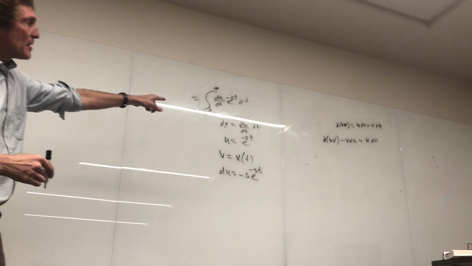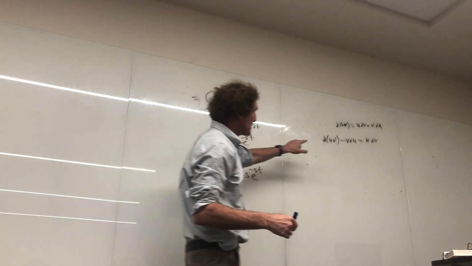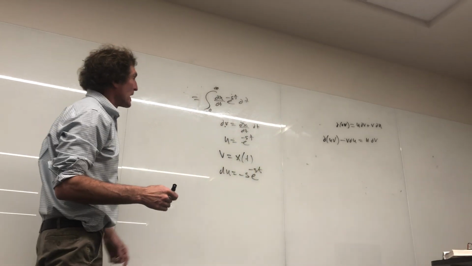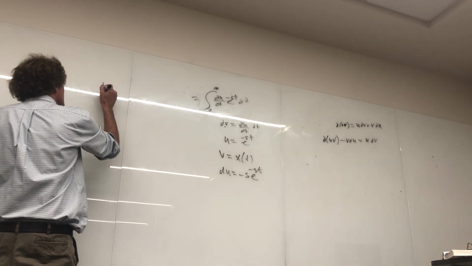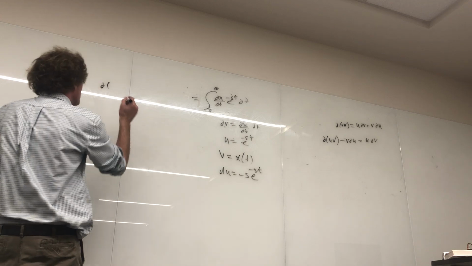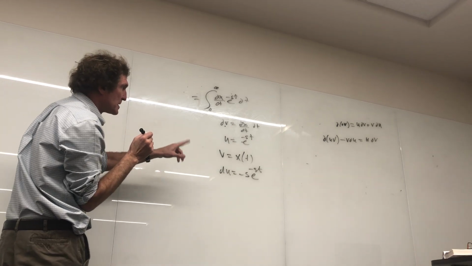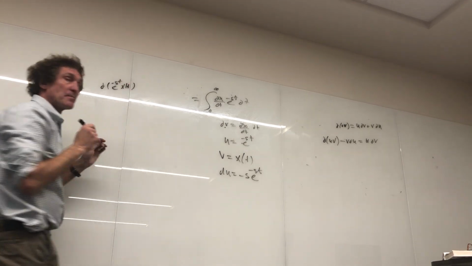When I come down here, this is my dv, this is my u. So now I have to take the differential of uv, right there. And that's going to be, what I have is this is equal to the differential of u is e to the minus st. And v is x of t, right?